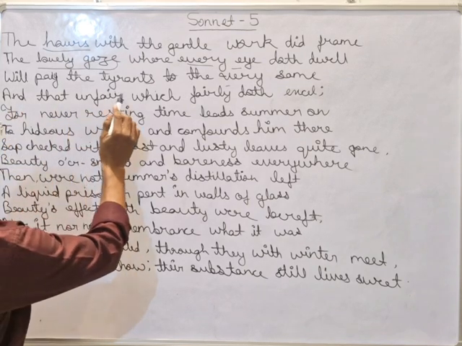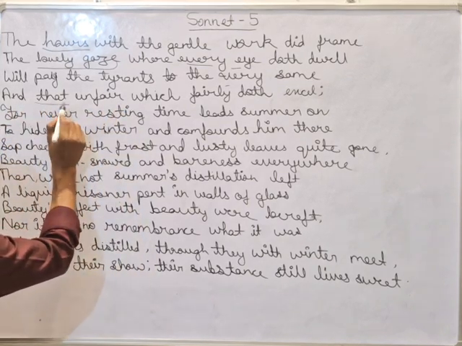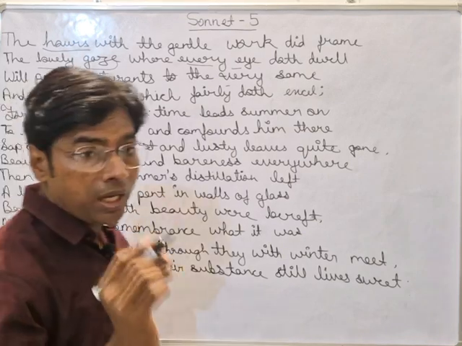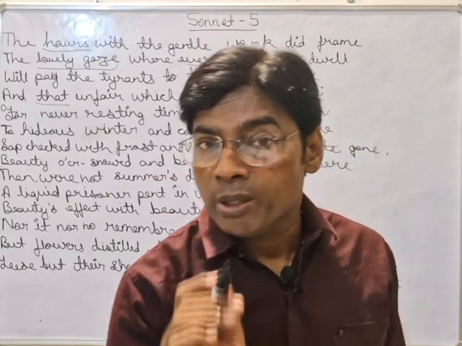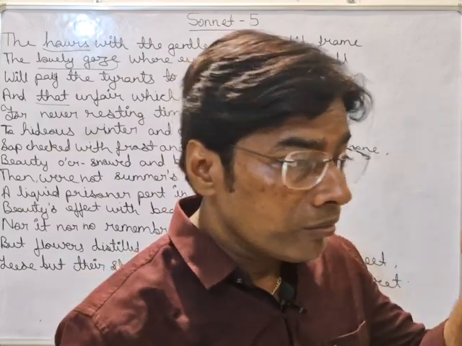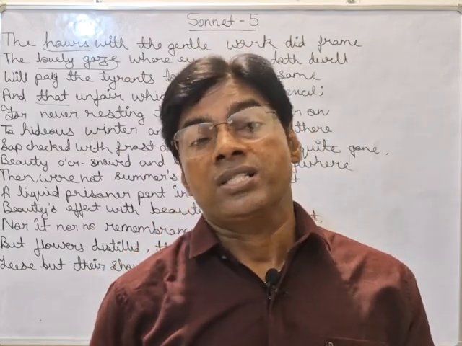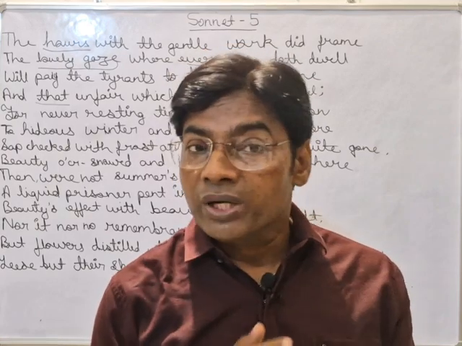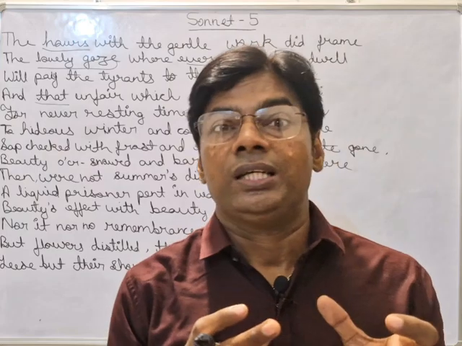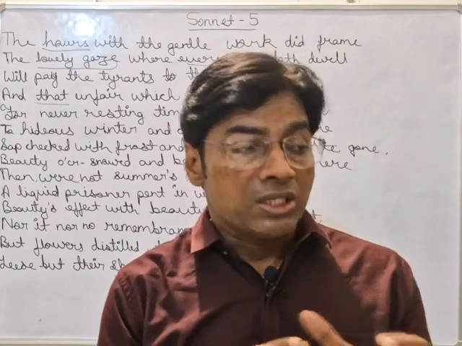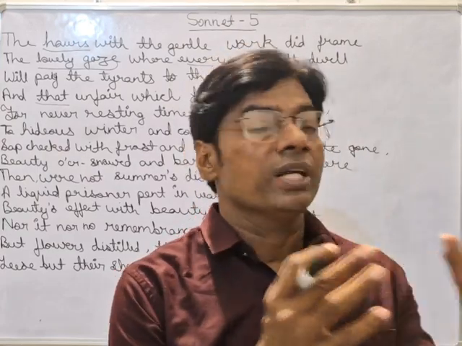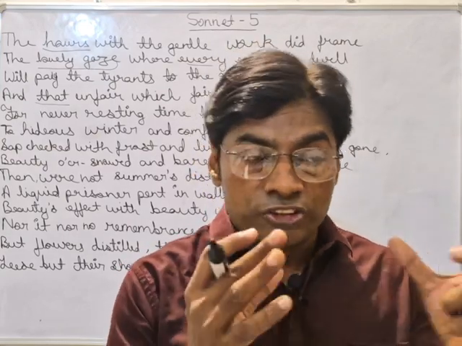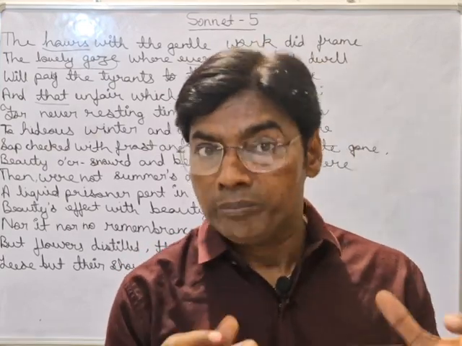And that unfair, that means time. Unfair here is used as a verb, not as an adjective. Remember that. Why? Because here unfair stands for depriving, taking away the beauty of that beautiful object it just shaped, it framed.